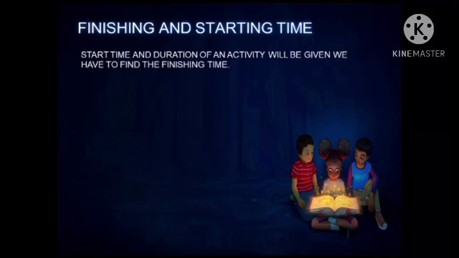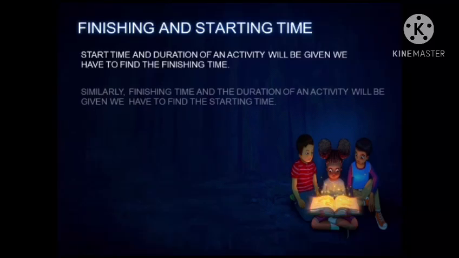Starting time and duration of an activity will be given, and we have to find the finishing time. So based on the data we must know how to solve it. For that, time interval, finishing time and starting time are very important. I hope you are clear.